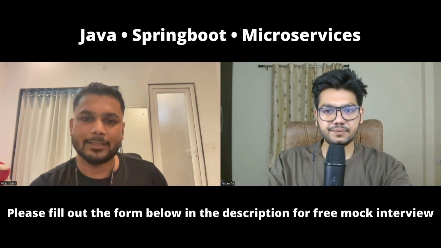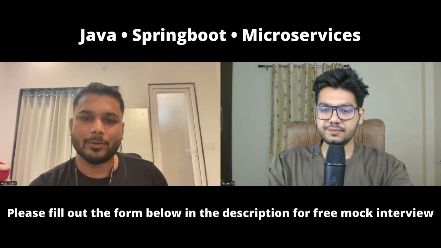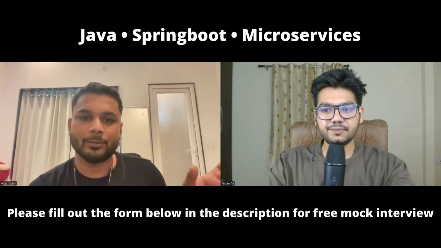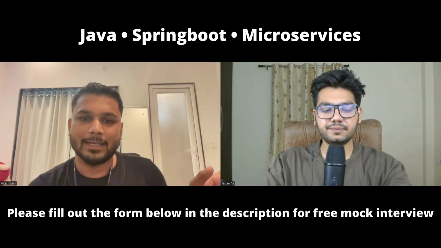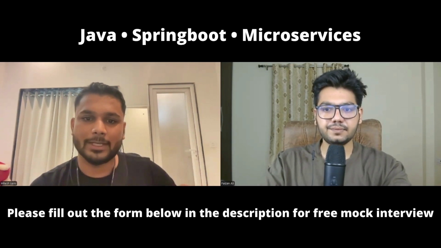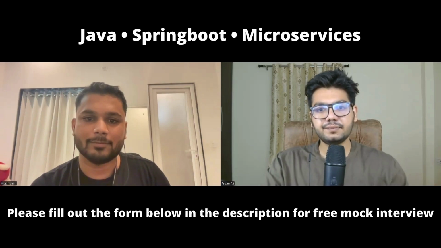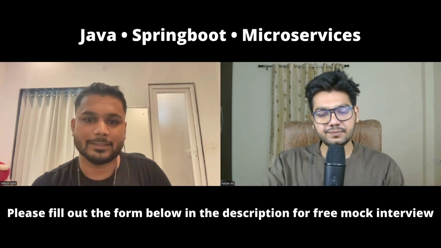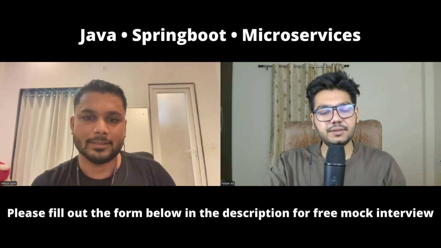Then it's like the configuration over the convention, and if you directly inject it and use the auto wiring, it will automatically auto wire it. It's like convention over the configuration. You don't have to configure.